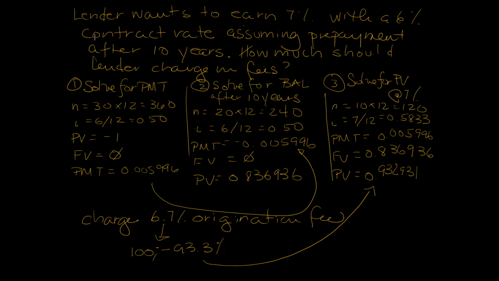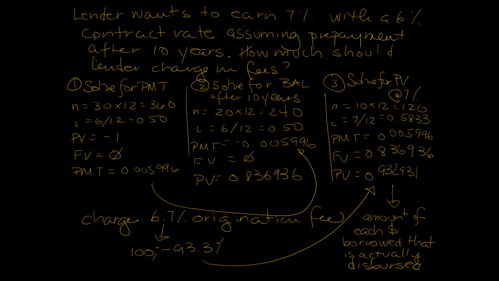So that results in a 6.7% origination fee because they're only going to disperse 93.3% of every dollar that's borrowed to get that 7% yield. So that means that their fee is 100 minus 93.3, which is what they're dispersing, or 6.7%.